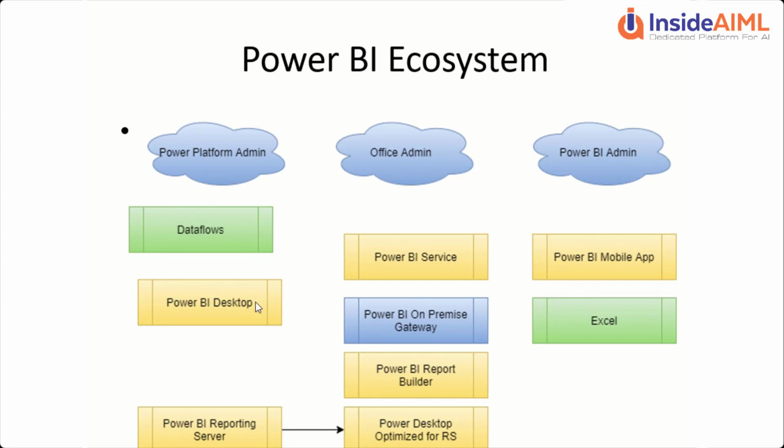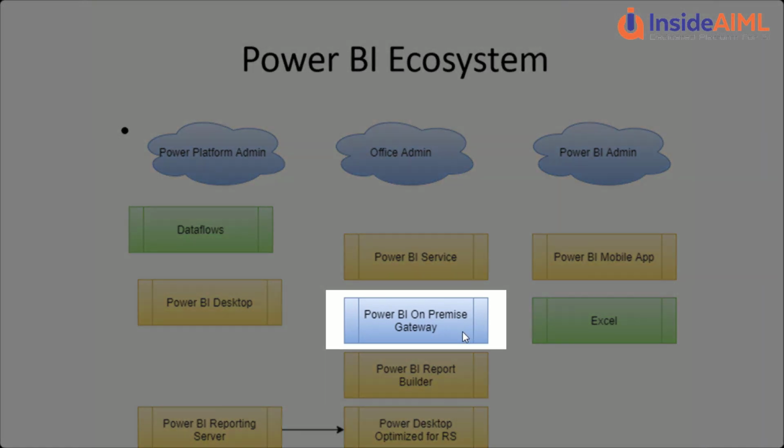Now, to make this desktop work with Power BI service or Power BI mobile, you need something known as the Power BI on-premise gateway. And this on-premise gateway is for the databases which are still on premises.